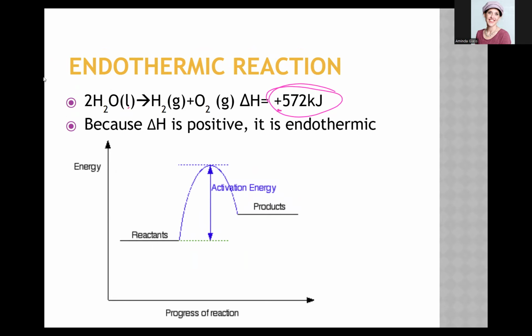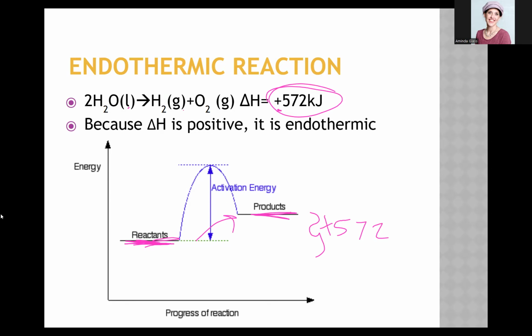We've gone from liquid to a gas, meaning we added energy, so the products have more energy than the reactants. You can see here the reactants' energy is lower than the products. Anytime that happens, energy has to be added to do that. So the products have more energy than the reactants do.